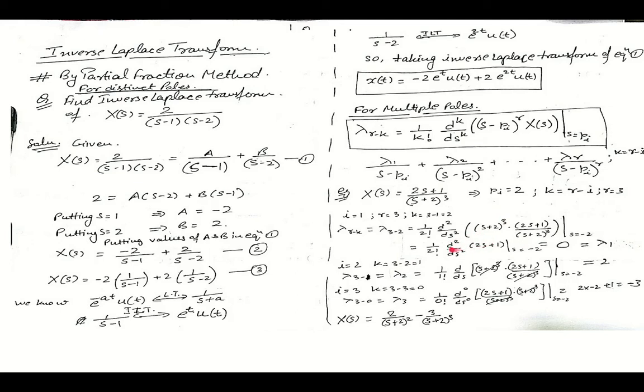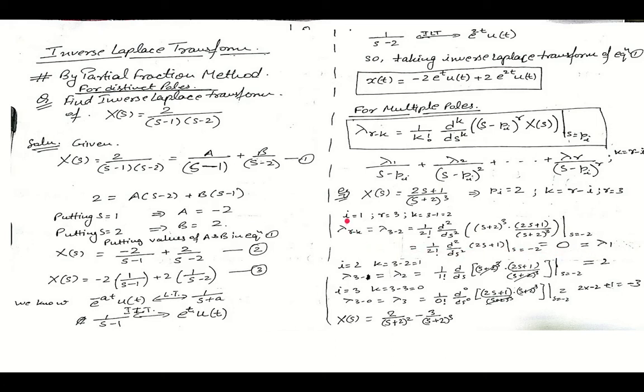So what is left is d square upon ds square of (2s plus 1). Now if we double differentiate 2s plus 1, it will yield us 0. So 0 into any factorial or any number will give us 0. So our lambda 1 that is calculated is 0.